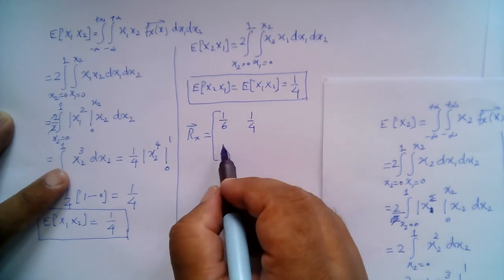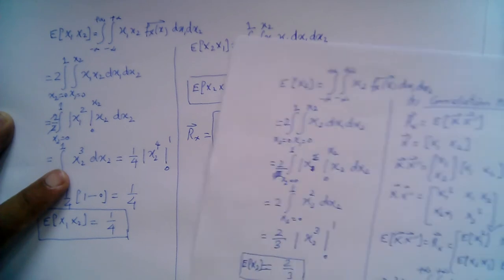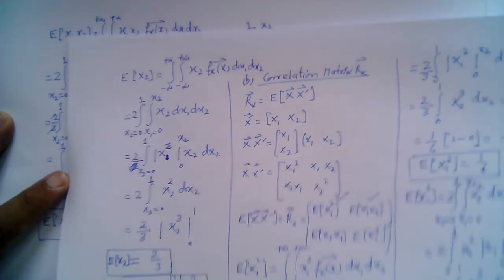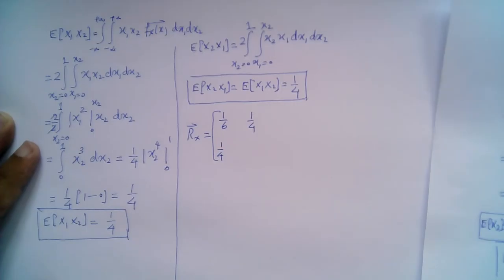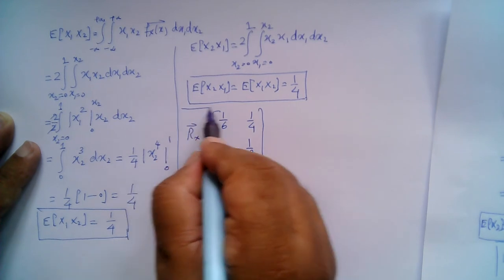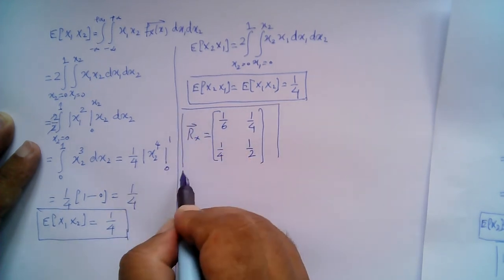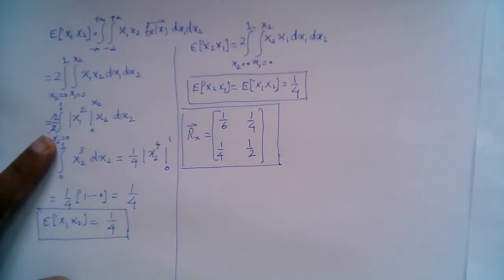That of expected value of x2 x1 is also 1 over 4. And expected value of x2 square is 1 over 2. So this is 1 over 2 here. So this gives us the correlation matrix of random variable x. So we're done with part B of the problem also.